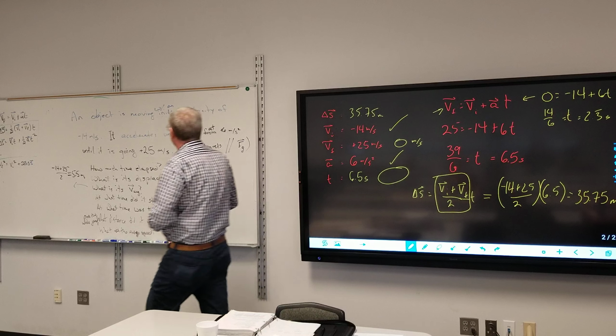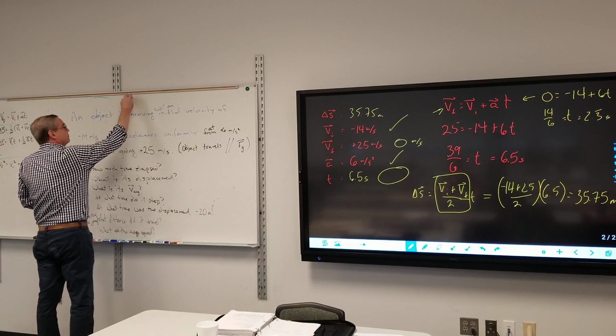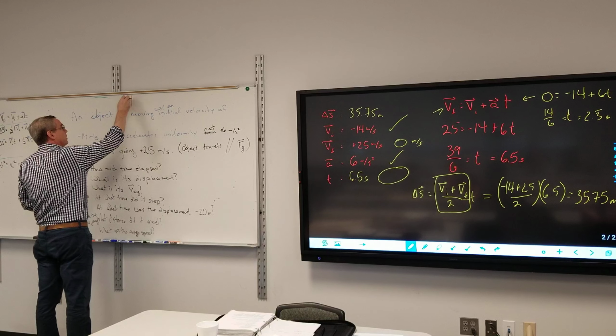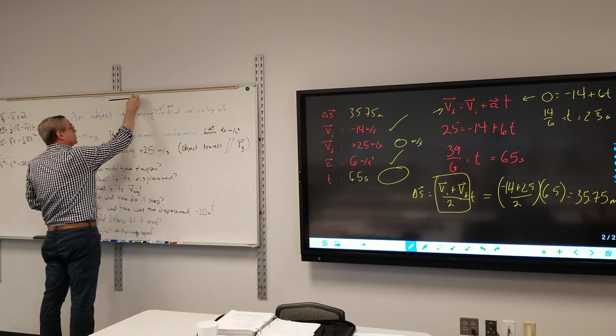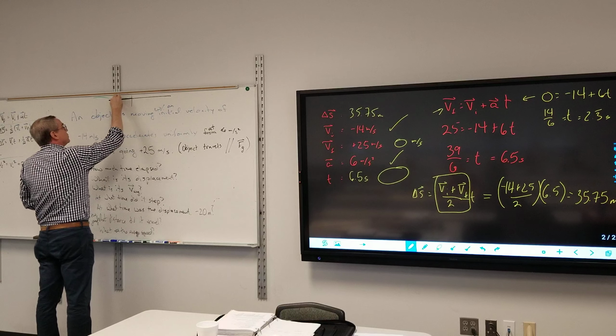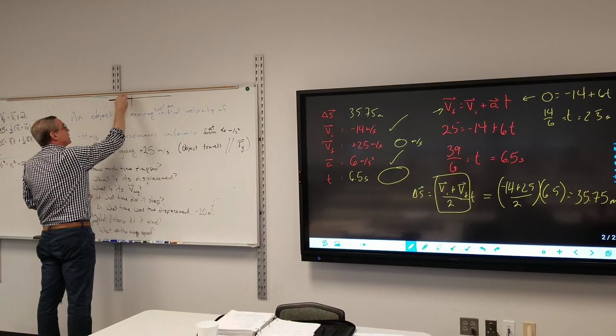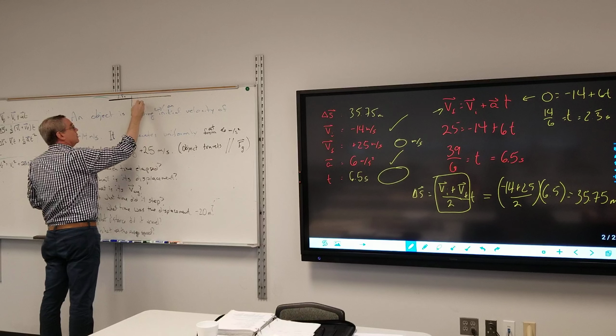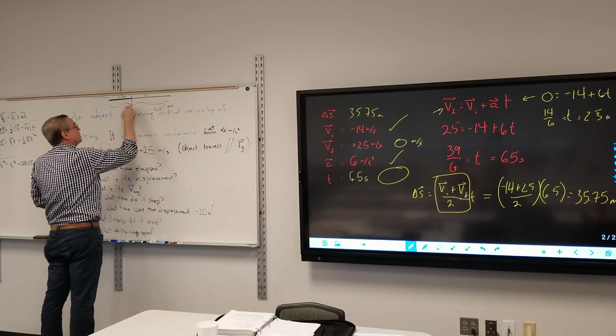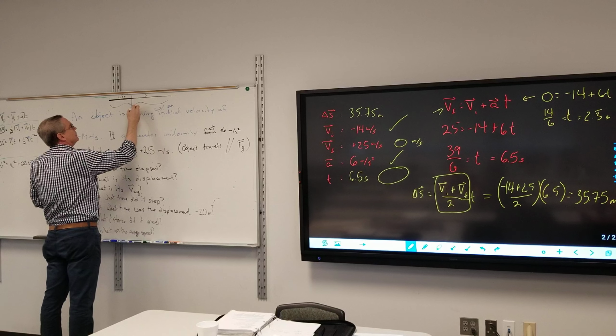Let's say it started here, goes in the negative direction, stops, turns around. I know that this is 2.3 repeating seconds, and this part right here is 6.5 minus 2.3 repeating seconds.